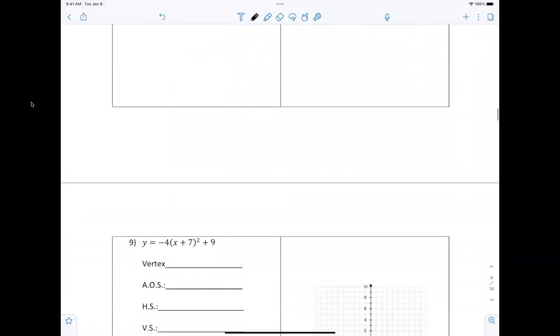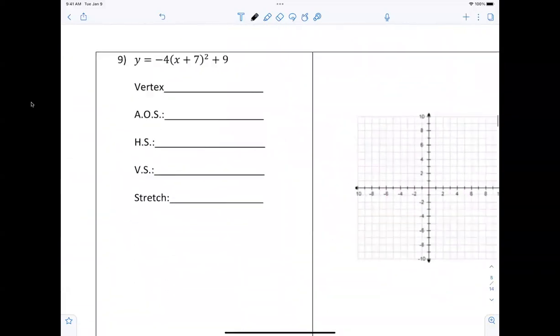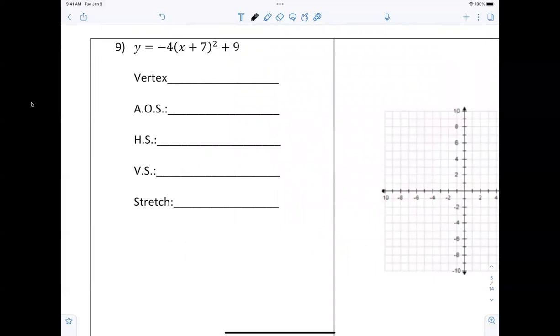Not that one. Let's do this one. Number 9, what's the vertex? Come on, what's the vertex? -7, 9. Axis of symmetry: x equals -7. Horizontal shift: left 7. Vertical stretch.